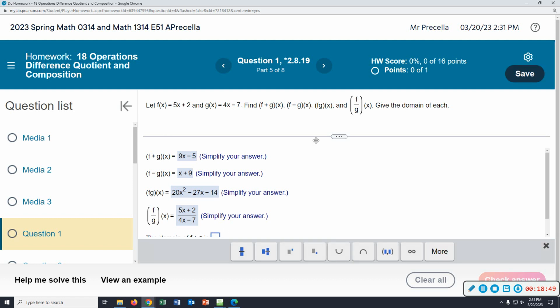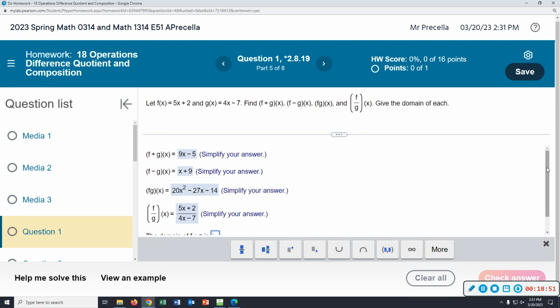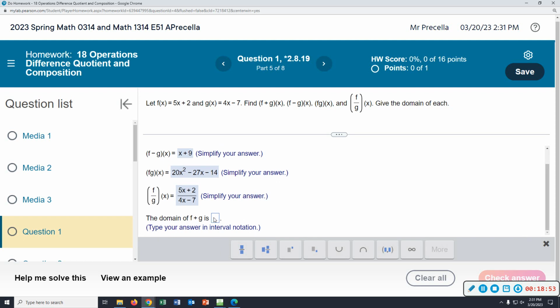Years ago, I remember I was at a Pearson workshop, and they asked if there were any suggestions for improving MyMathLab. And I told them, you should have a hot button that's nothing more than negative infinity, comma, infinity in parentheses, so you don't have to type it in over and over again.